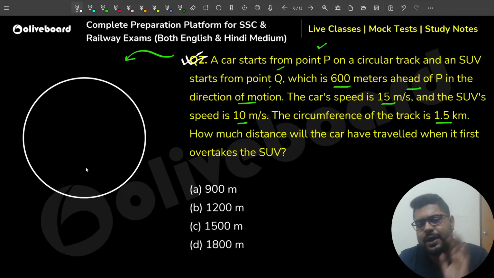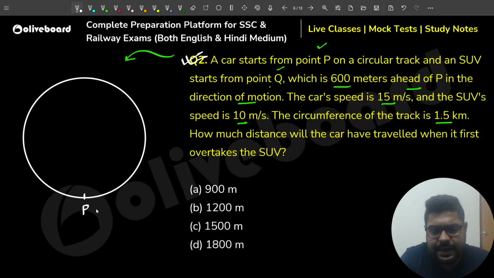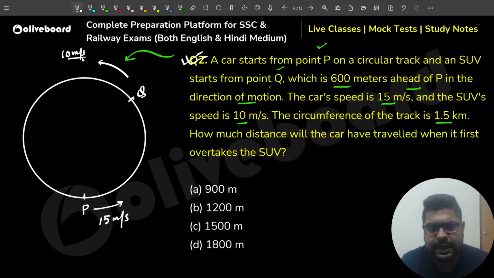The total track is 1.5 kilometers. From P the car starts, and let's say it moves in this direction with a speed of 15 meters per second. And the SUV starts 600 meters ahead, at some point, this is Q. It also moves in the same direction with a speed of 10 meters per second, that is given to you.